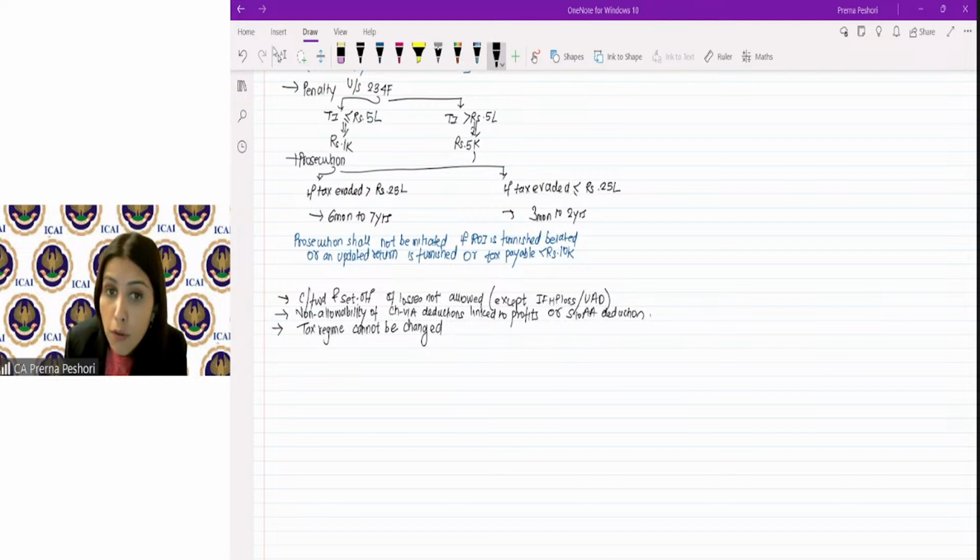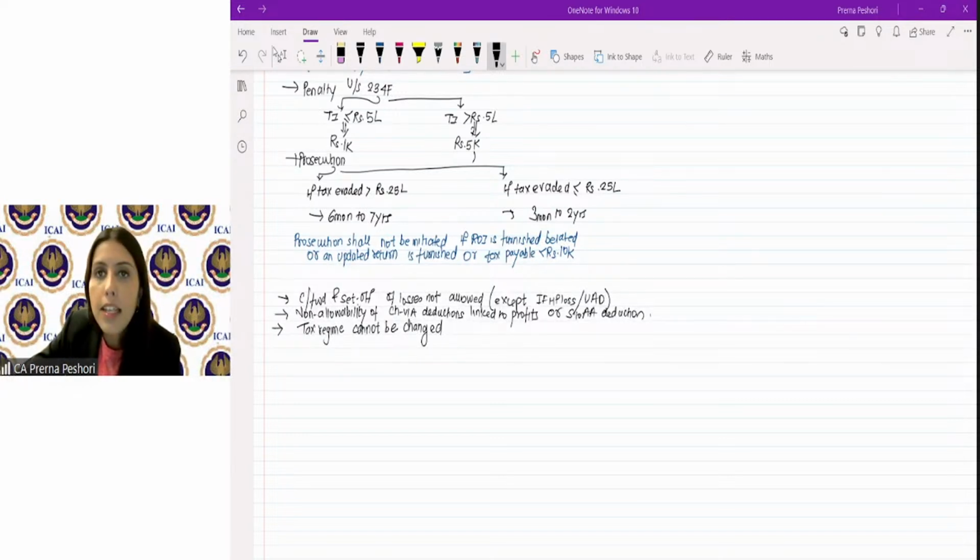He has avoided that particular tax by not filing the return of income. He has not disclosed that income, the tax on which was due to be paid. And that is tax evasion, Namrata. Namrata, after rebate, if there is no tax payable, then interest is not applicable, as I said. Yes, Mansha, scientific research expenses can also be carried forward even if the returns are not filed on time. You're right.